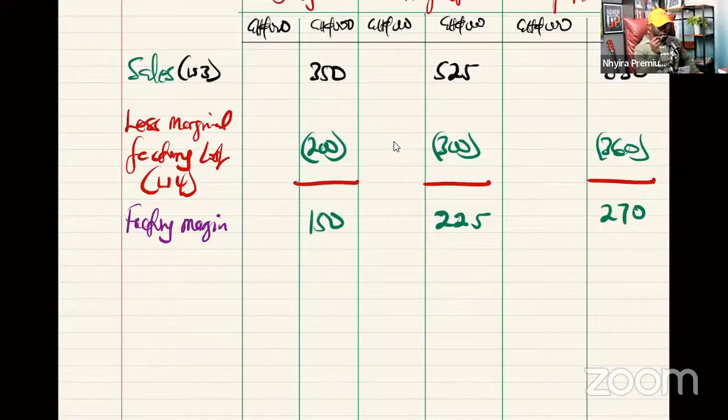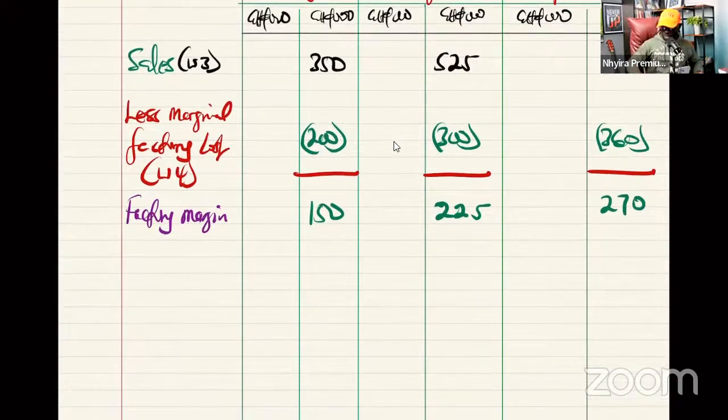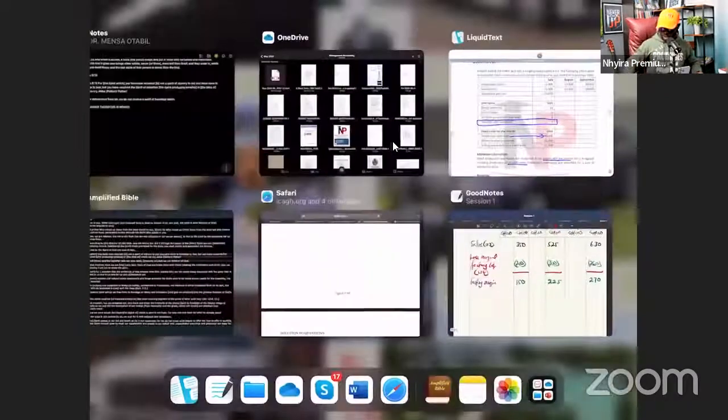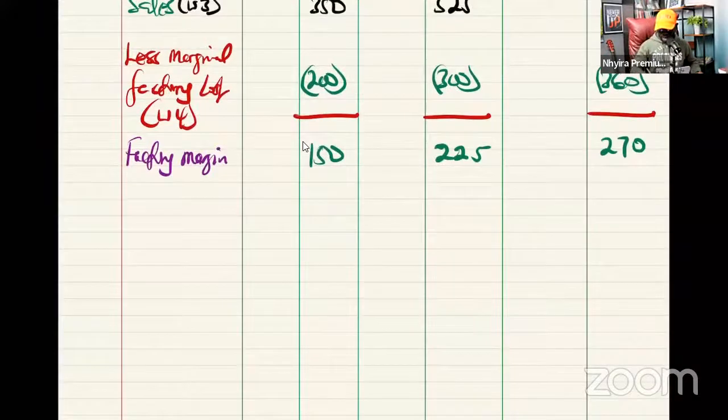But remember, you are not done because in the question, we were told that there is variable sales overheads. So that is a non-production variable cost. So we're going to less the variable sales overheads.